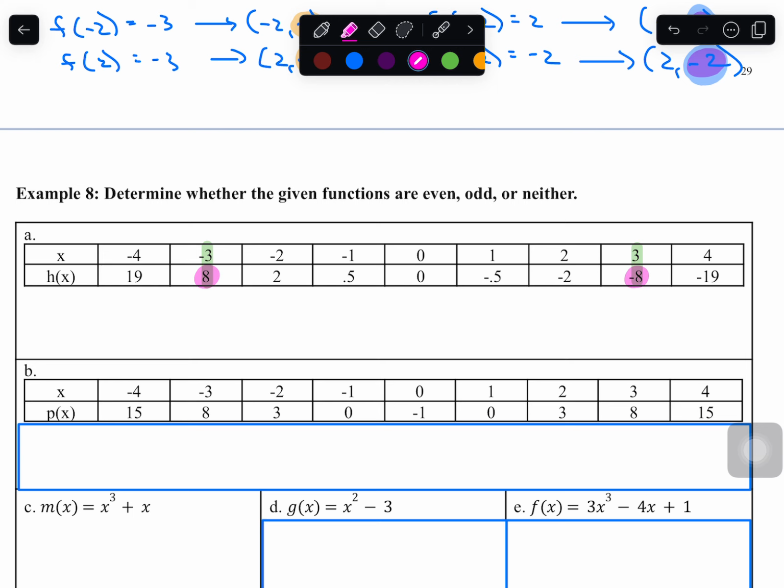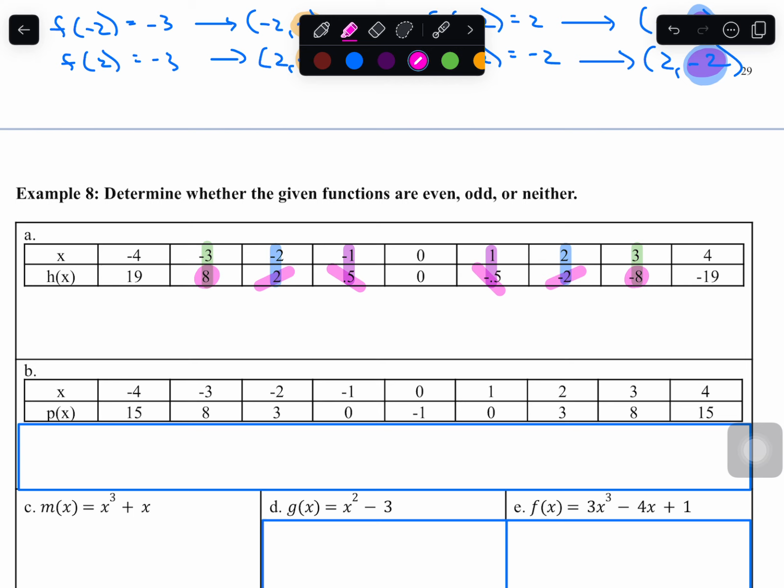But let's keep going. Let's make sure that they are. I'm going to compare -2 and 2. Are those output values still opposites? And the answer is absolutely. 2 and -2. But let's keep going. Let's just make sure. Let's try -1 and 1. Are those two output values still opposites of each other?